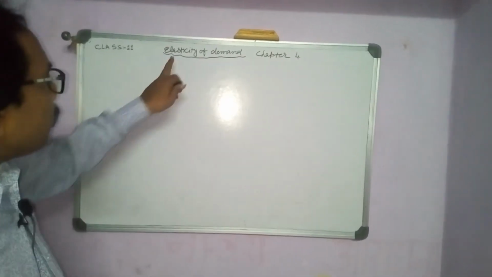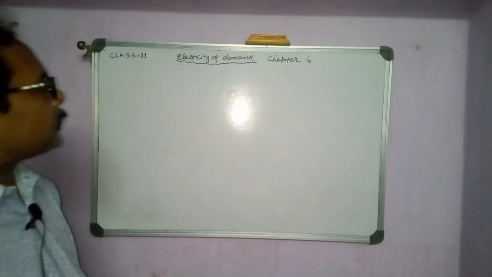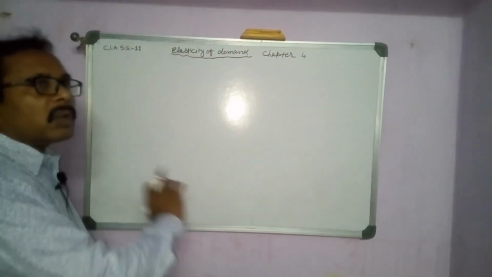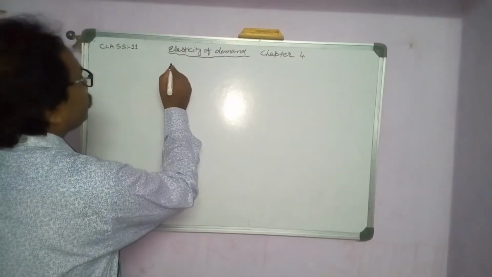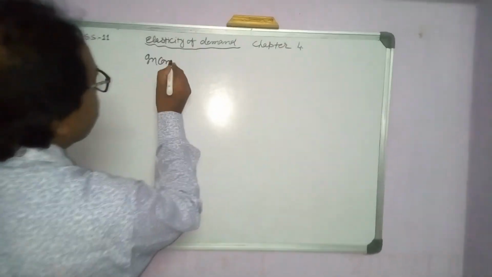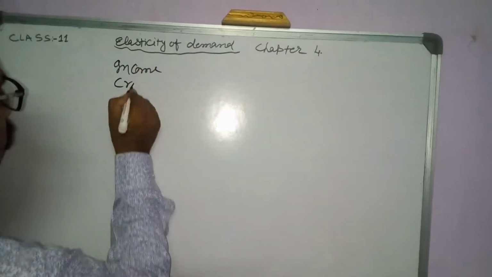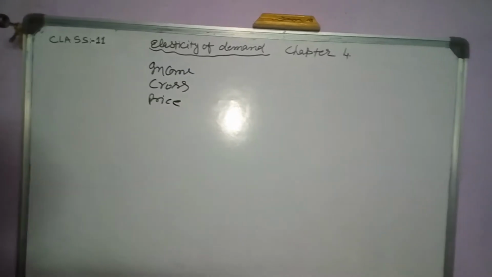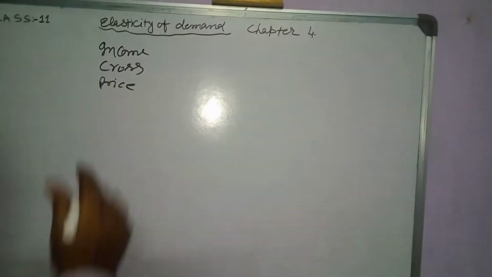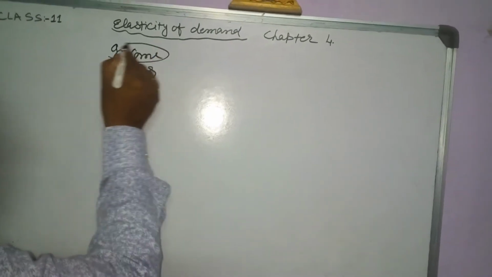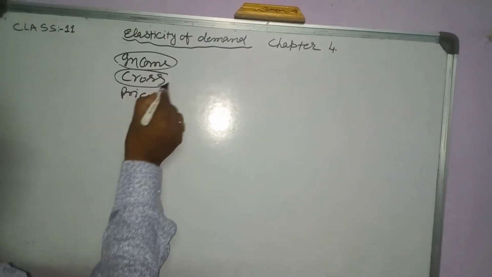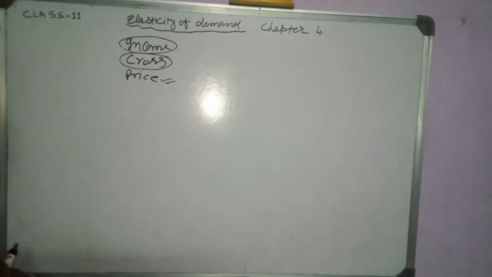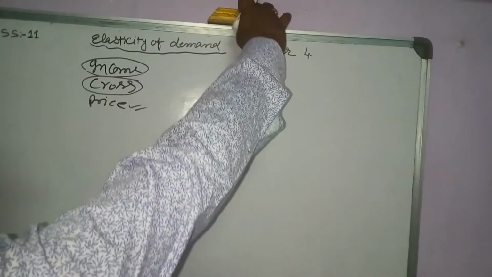So there are different kinds of elasticity of demand, such as income elasticity of demand, cross elasticity of demand, and price elasticity of demand. But we will not discuss income and cross, because in our syllabus only price elasticity of demand is included.